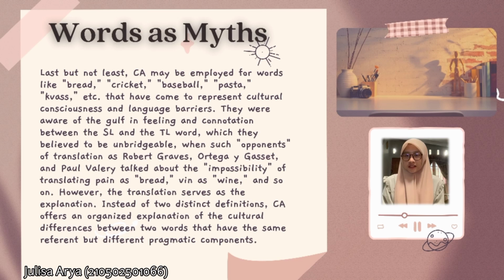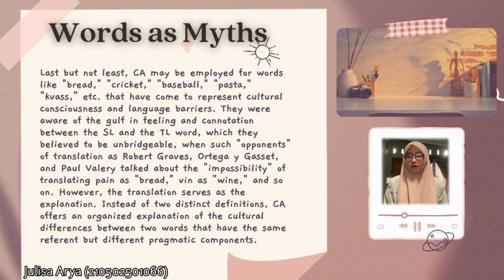Language as myths. Last but not least, CA may be employed for words like bread, cricket, baseball, pasta, fast, etc. that have come to represent cultural consciousness and language barriers.